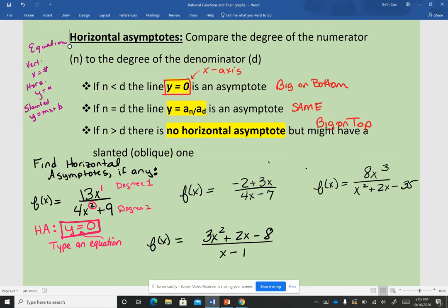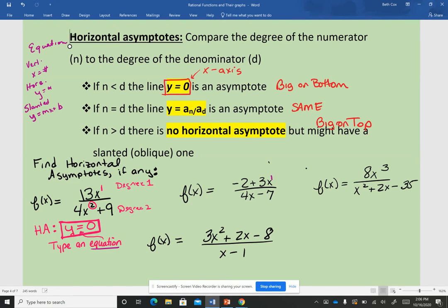You might remember that one but not the other two, but they were all three there. The slanted ones are y equals mx plus b, the vertical ones are x equals a number, and the horizontal ones are y equals a number. And so these are horizontal. So if it says type an equation, you've got to type in the y equals. Okay, keep going.